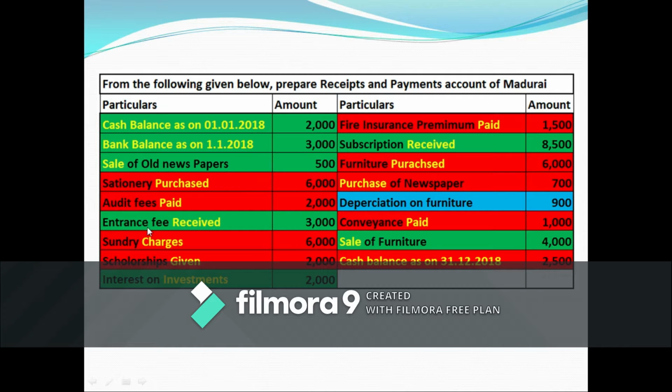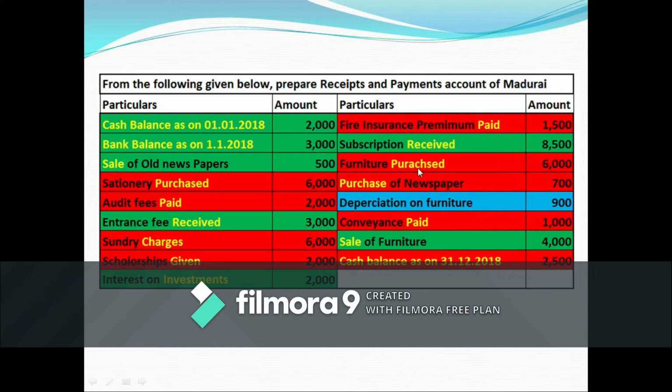That's why red. Entrance fee received. Here, interest on investment, amount received, subscription received, sale of furniture. In those accounts the cash comes in, that's why highlighted in green. Here, sundry charges, scholarship given, fire insurance premium paid, furniture purchased, purchase of newspaper, conveyance paid.